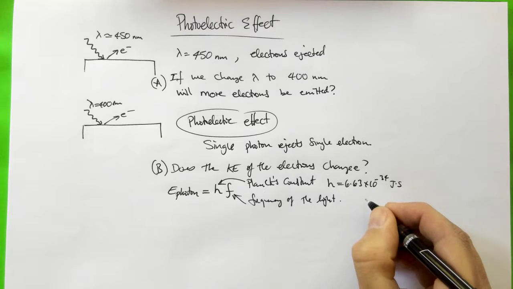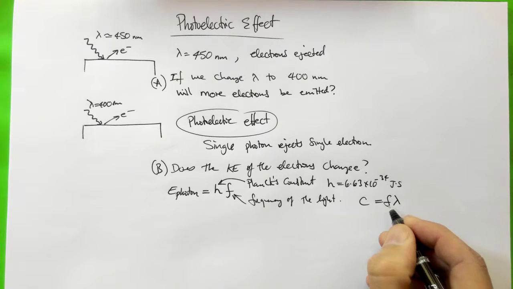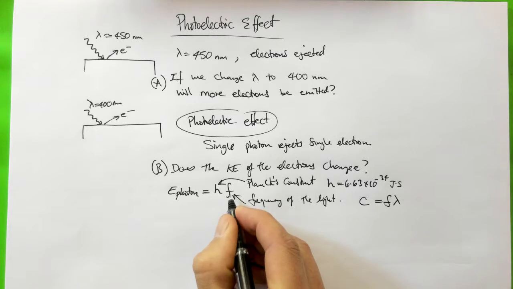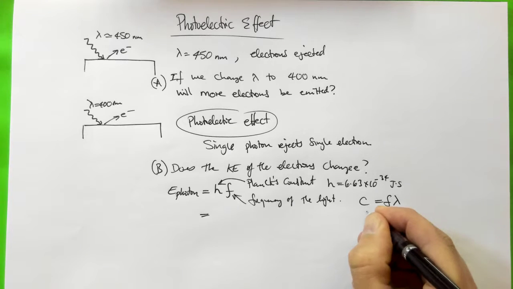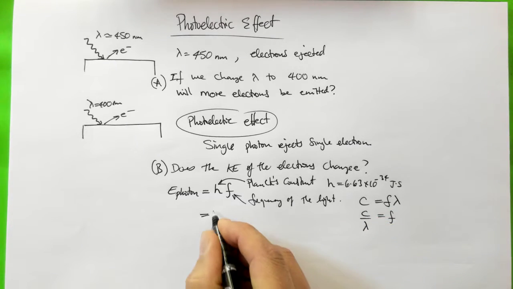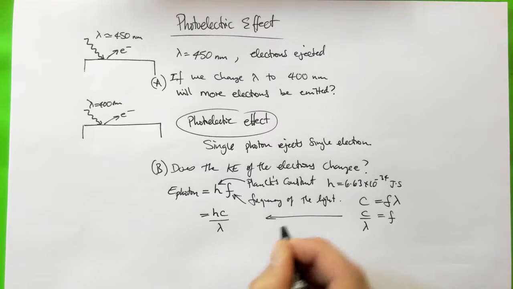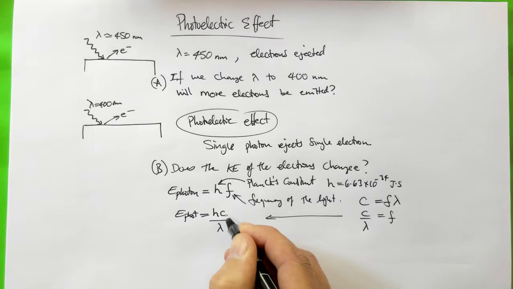Now we also remember that c equals f lambda, that the speed of light is equal to the frequency of the light multiplied by the wavelength of the light. So we can replace our f by c over lambda, so we could write hc over lambda. So now we've got our E photon in terms of Planck's constant, speed of light, and the wavelength.